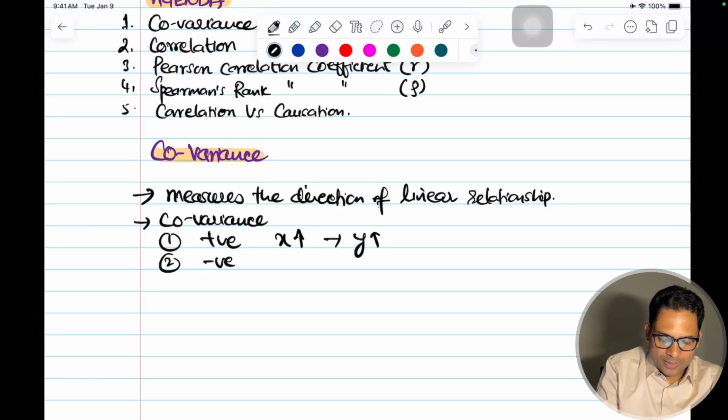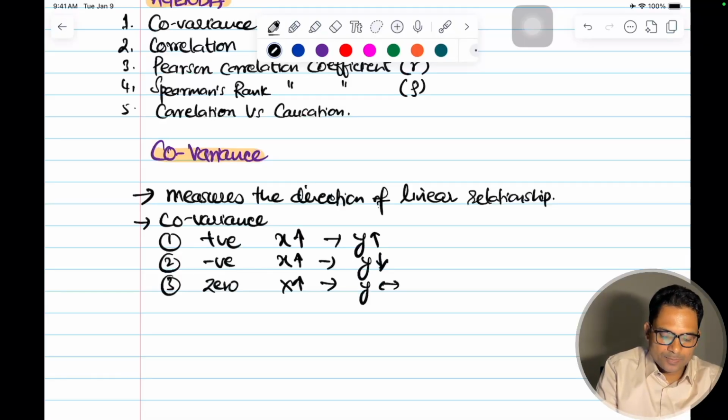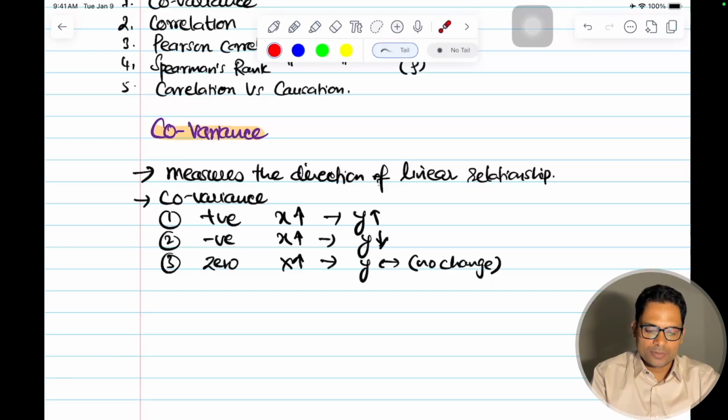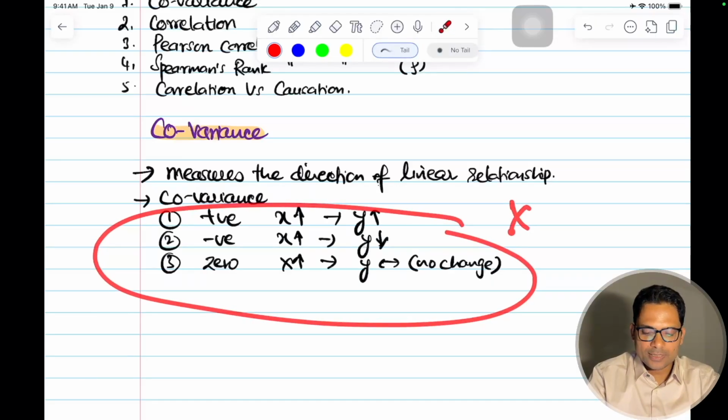Two, negative: if x increases then y decreases. And three, zero: x increases and y has no change. These are the three possible options, depending on whether y changes when x changes.